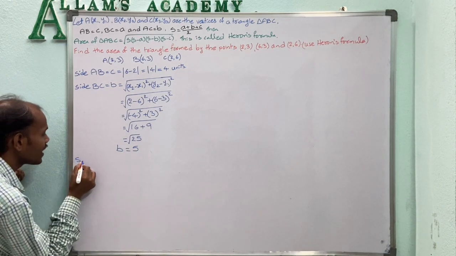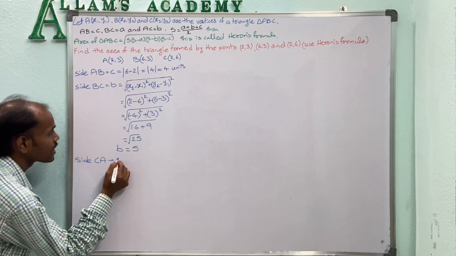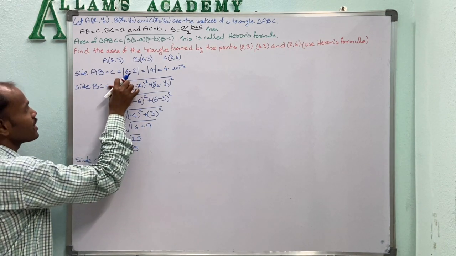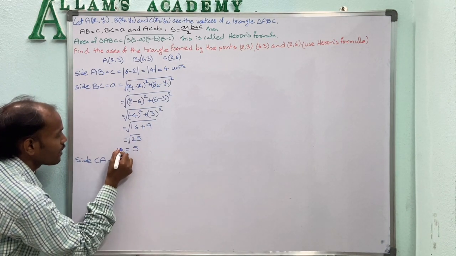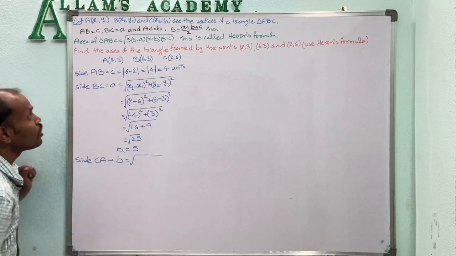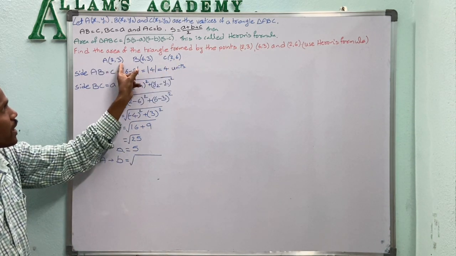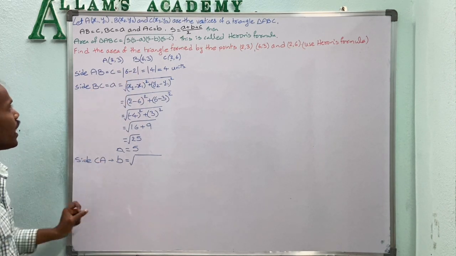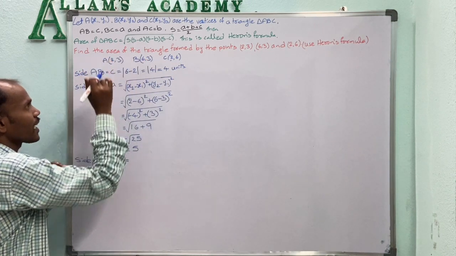Now the side length CA, that is b. BC was a, not c. So for the CA side length, C point will be taken as (x1, y1) and A point will be taken as (x2, y2). So here if we observe, the x coordinates are equal.